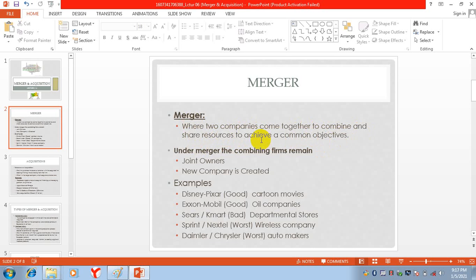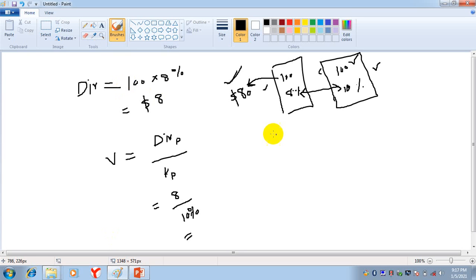Merger is a form of business in which two companies are coming together, combining and sharing resources to achieve a common objective. Two similar businesses come together and make a new business.